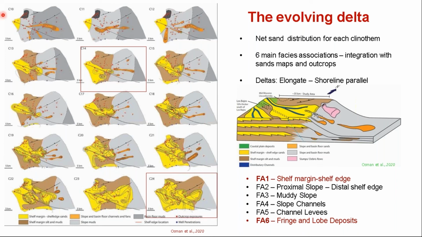In the case of even C10 to C12, you would anticipate large sandy bodies, but even in the one outcrop I have and the well logs, it's not convincingly very sandy. So I'm not sure. I hope that helps answer your question. Yeah, we'll have to talk about it some more. Nicely done. Okay, thank you.